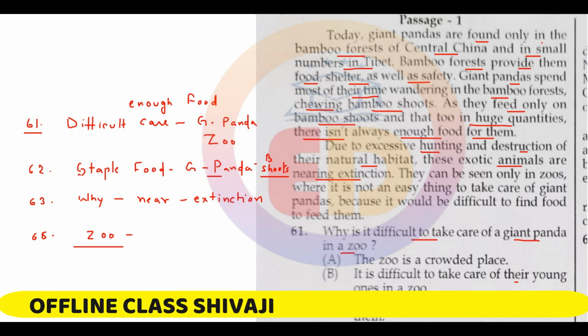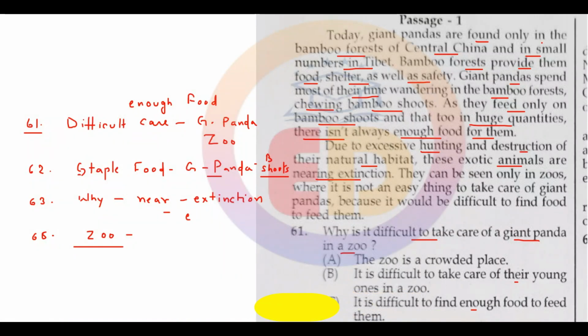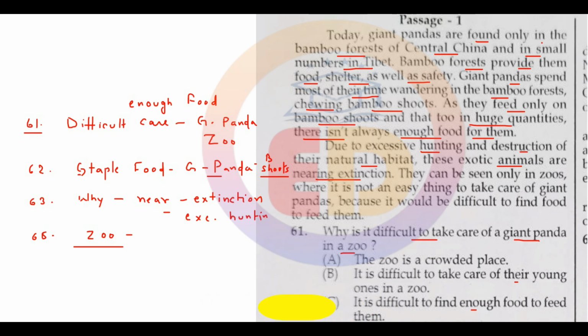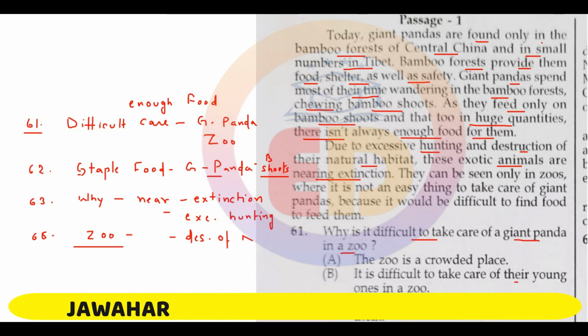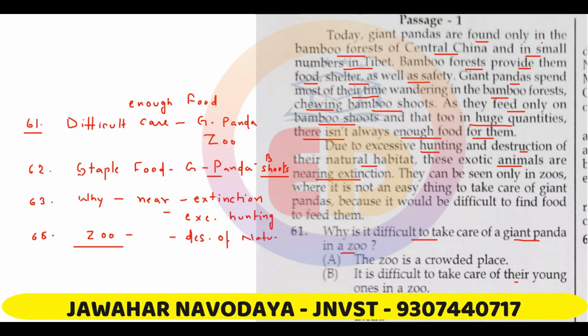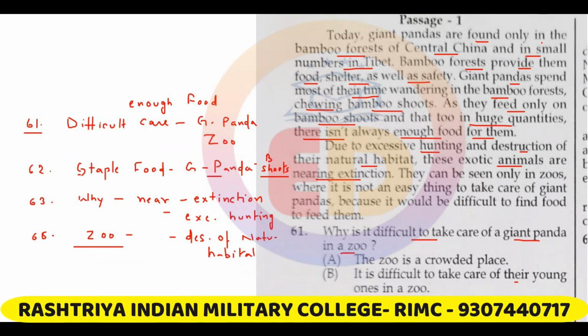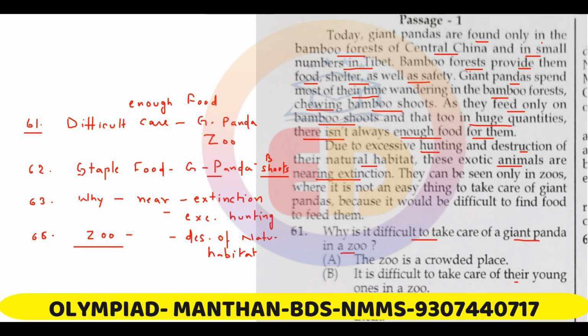So this is giving the answer to question number 63. Excessive hunting and destruction of natural habitat. Destruction of natural habitat means we are destroying the bamboo forests.